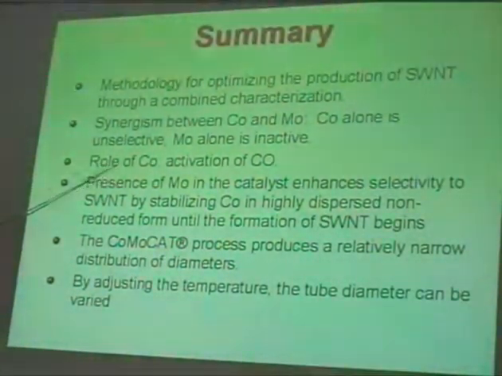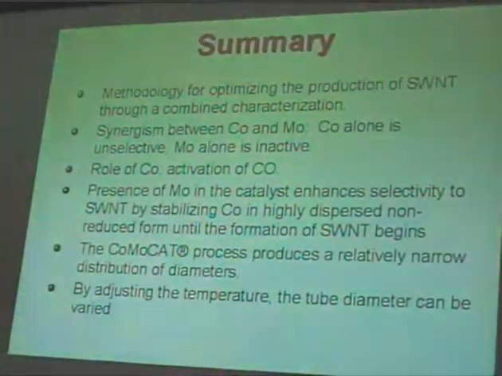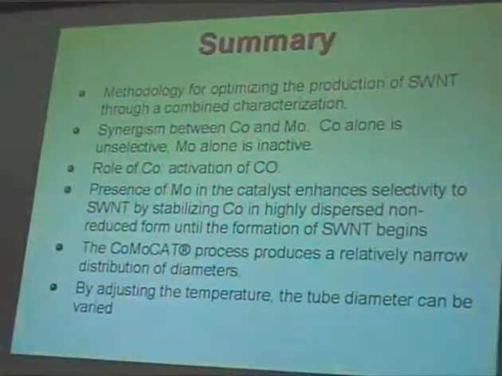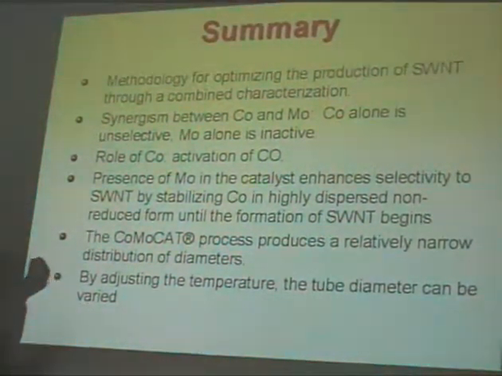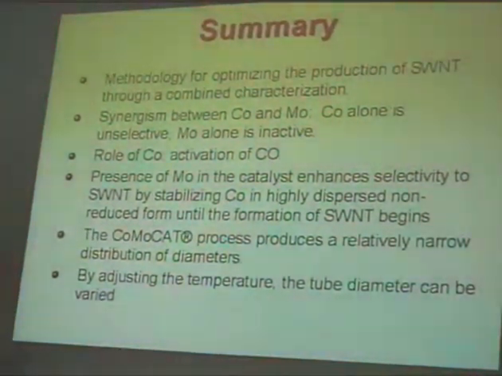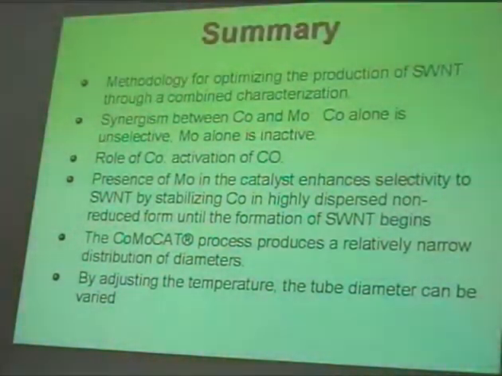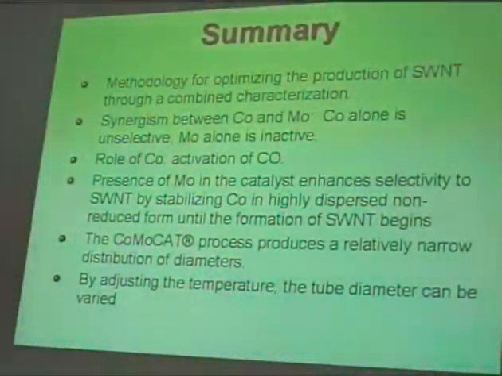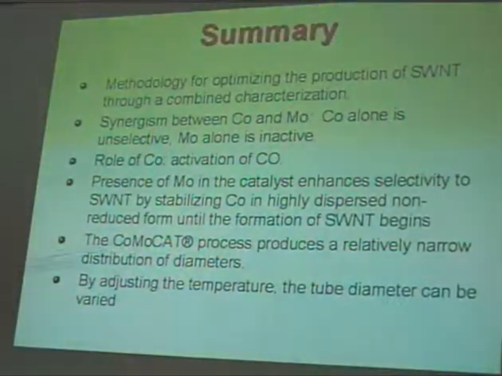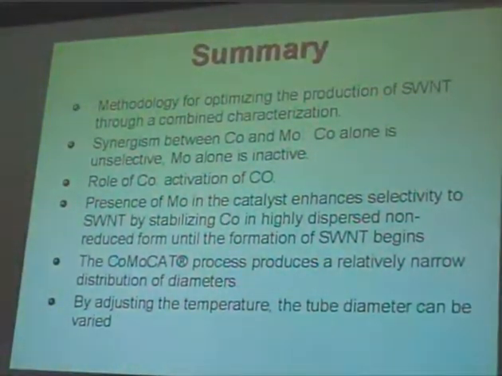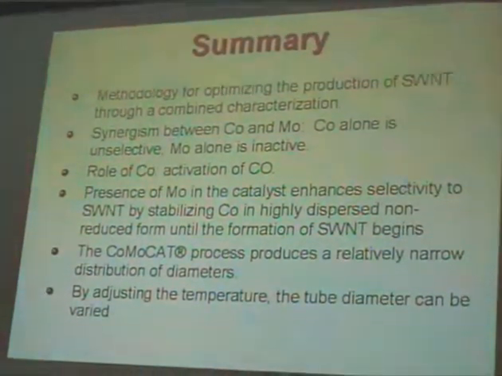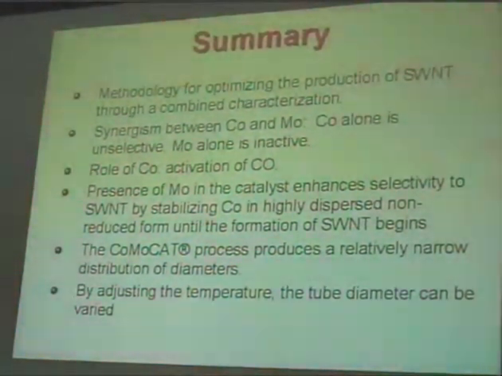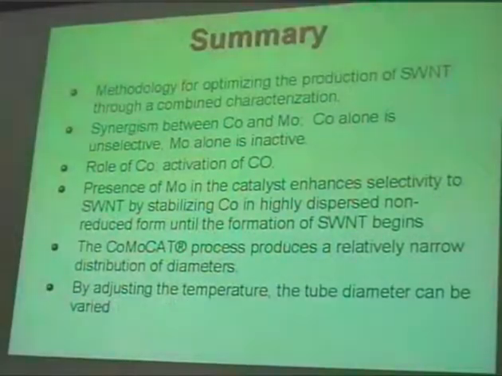The role of cobalt is the activation of CO. That's the active ingredient, cobalt. And the role of moly is the stabilization of cobalt in a non-reduced state until just before the reaction, when it needs to be in the metallic state. We produce a relatively narrow distribution of diameters, and we can, at least in the beginning, this is just very recent, in principle control the diameter of the nanotubes.